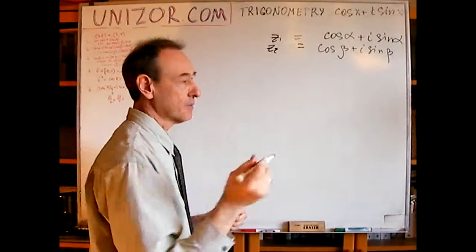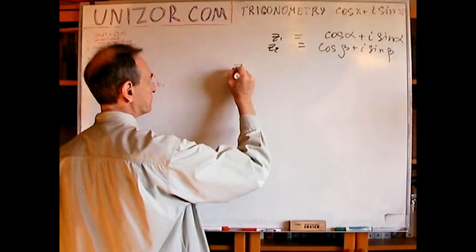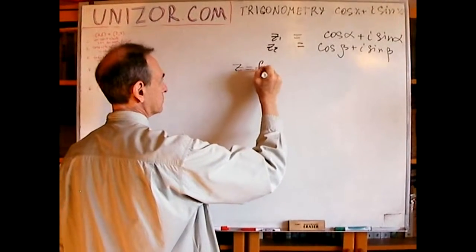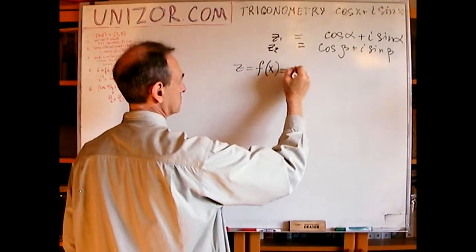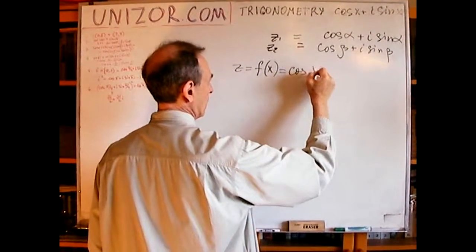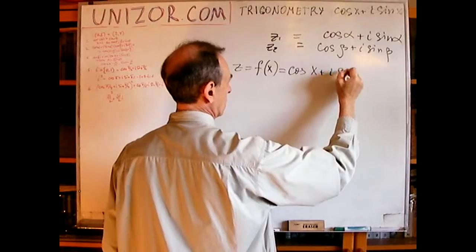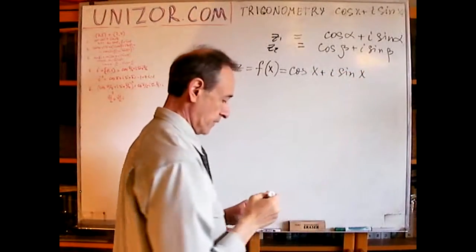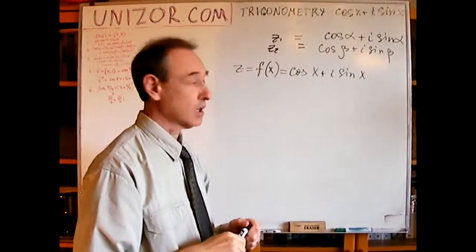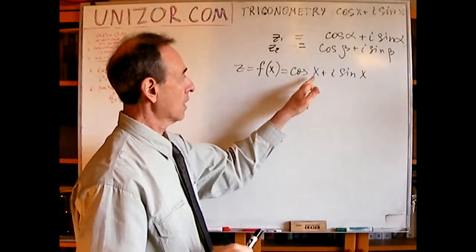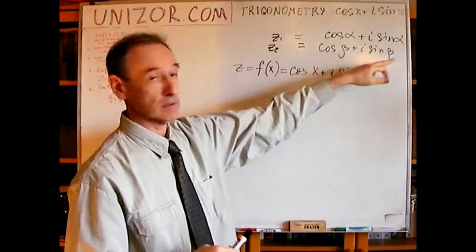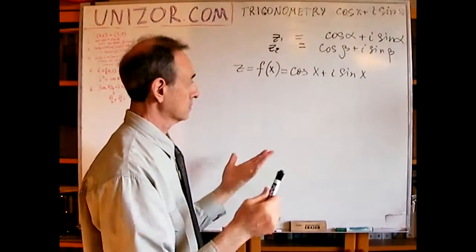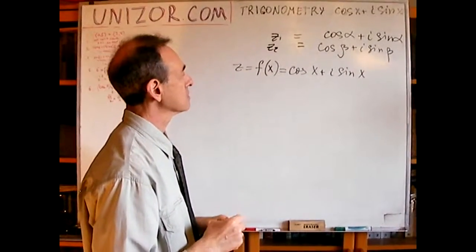Let's consider a function. Now, this is a function of a real argument. X is a real argument. It's an angle, right? Angle measured in radians.